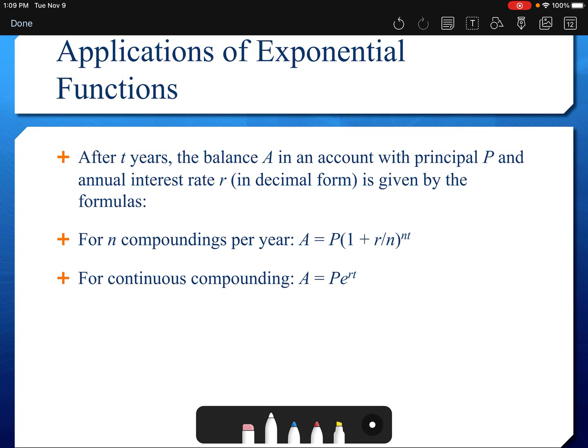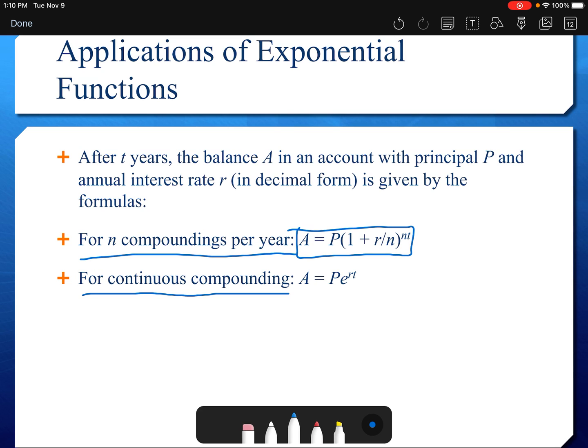Okay, now let's apply some exponential functions, shall we? These are two very important equations in the banking industry, investment. These are very simple equations, I might add, but we are applying exponential functions here.